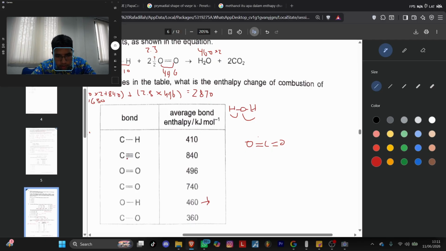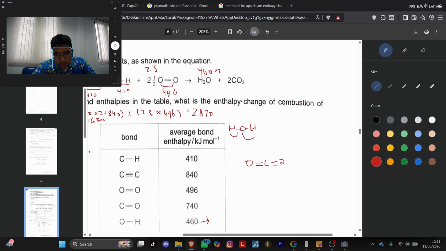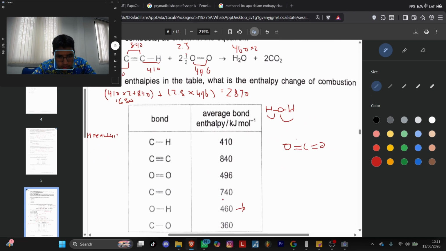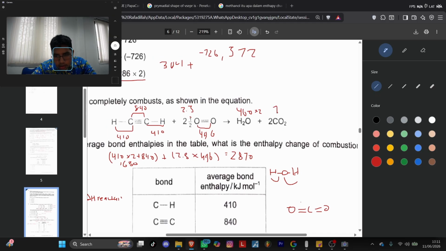O, O, CO, and CO. So because it's times 2, and then because of 4, it becomes 4. So this is C, 740 times 4.